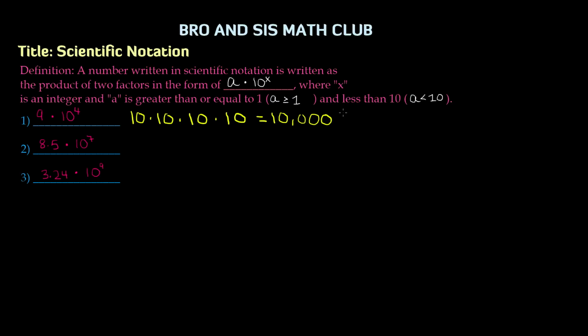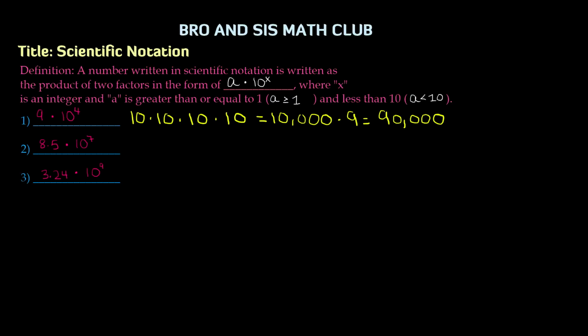And when I multiply that by 9, that gives me 90,000. So as you can see, the standard form of 9 times 10 to the power of 4 is 90,000, which is actually a pretty big number. Scientific notation just gives us another way to write really big numbers in a simpler and more understandable form.